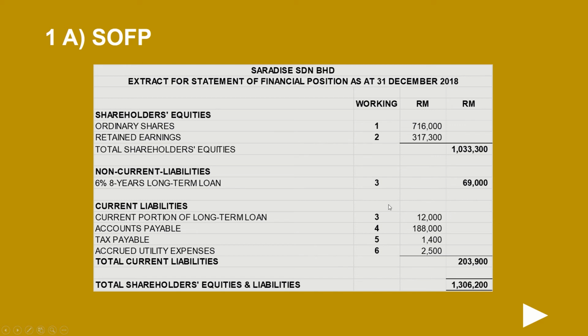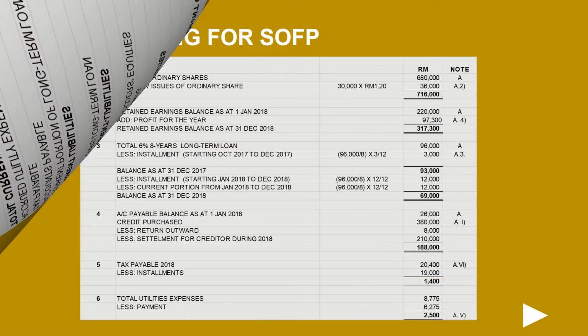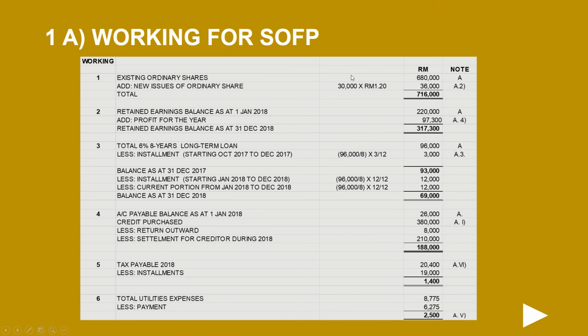Okay, let's look at the working for each of the items in the statement of financial position. For the first item, ordinary shares, you need to add up the amount of existing ordinary shares given in information A at 680,000, and then add the new issue of ordinary shares.